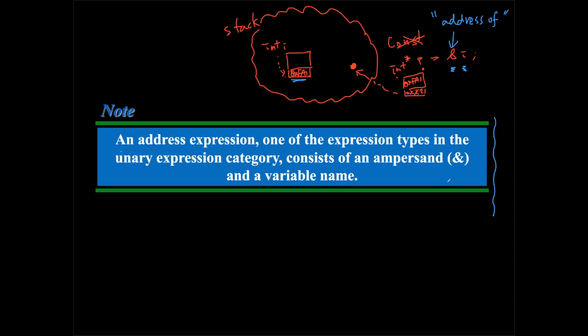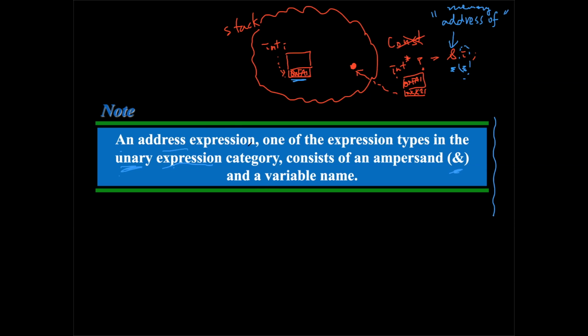Now, this ampersand is a unary operator. Remember what unary means: it means one operand. Expression means something that can be evaluated into a value. So this unary expression, namely the ampersand, gives you the memory address, or in this case, we can say the memory address of what? Of I. Okay, so that's what this is saying.